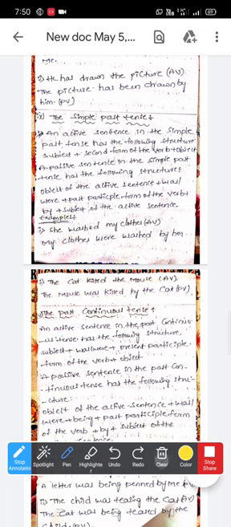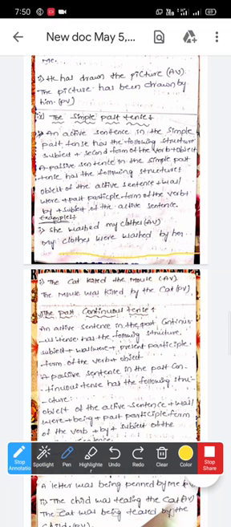Okay, first example: she washed my class. This is the active form. Changing it to passive form: my class was washed by her.